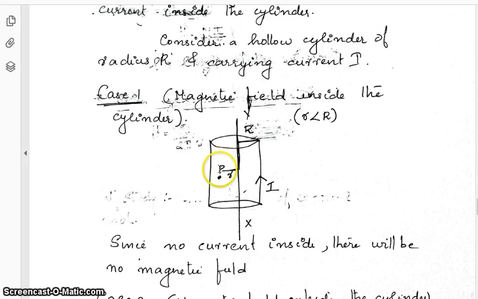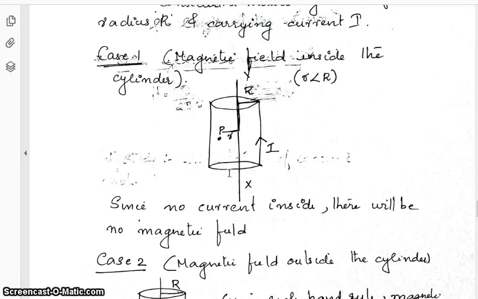Now I am choosing a point inside the cylinder which is at a distance small r from the axis. Since there is no moving current, this point P will not experience any magnetic field inside the hollow cylinder, because inside the hollow cylinder there is no current. So since there is no current inside, there is no magnetic field inside.